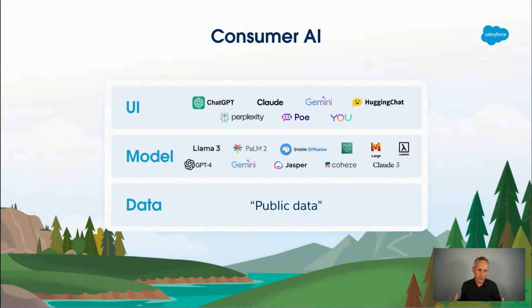And we will start with consumer AI because we have all experienced it, right? So with consumer AI, it starts obviously with some kind of a UI. And that UI is typically very conversational. Mostly it's a prompt, and you have all seen it, you have all experienced it in ChatGPT, Gemini, or something else, right? Conversational. And then you have models. You have tons of models available there. And these models are trained on data.